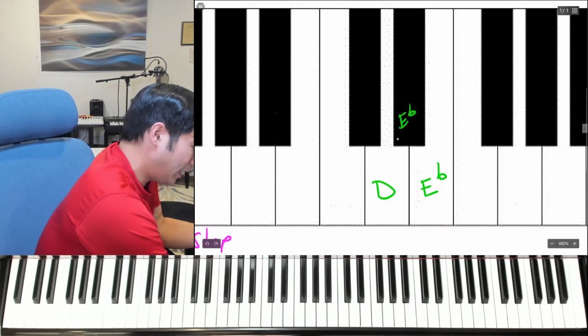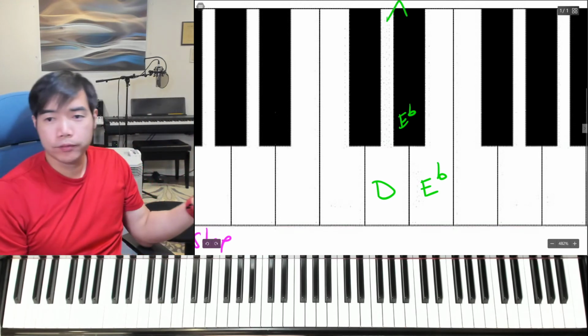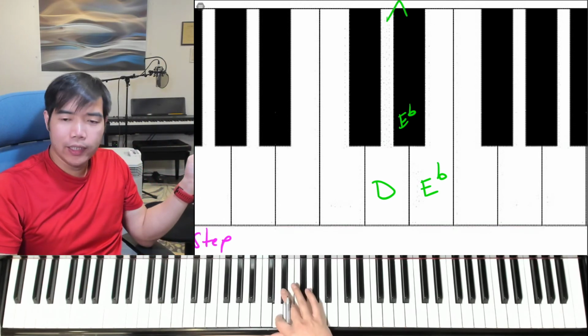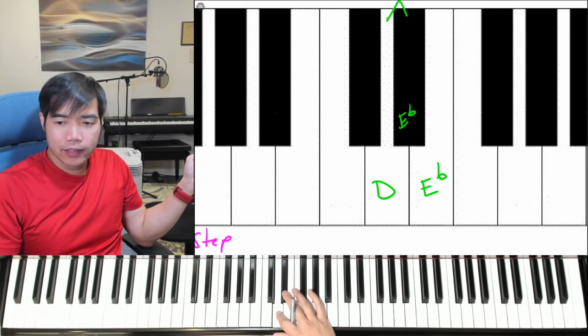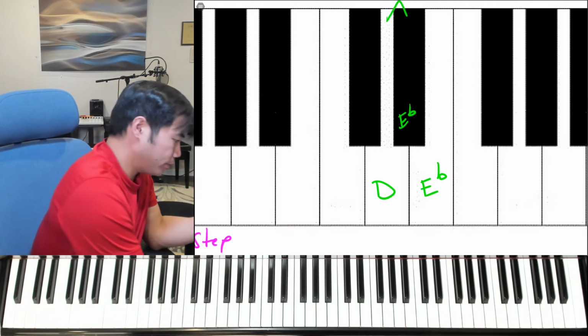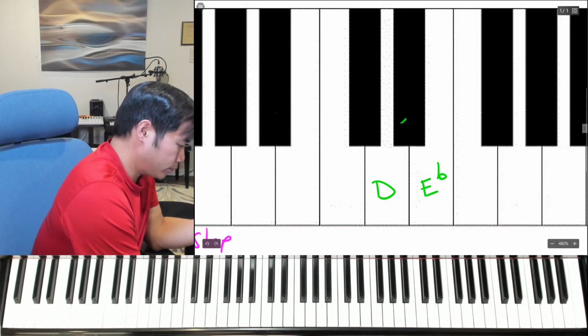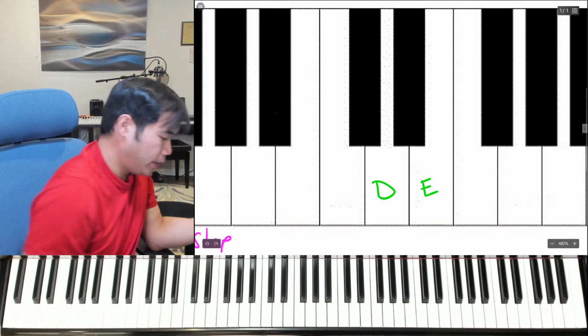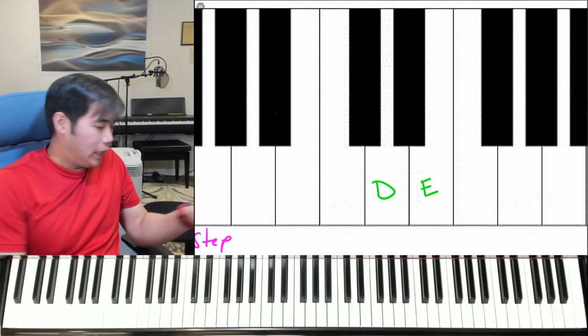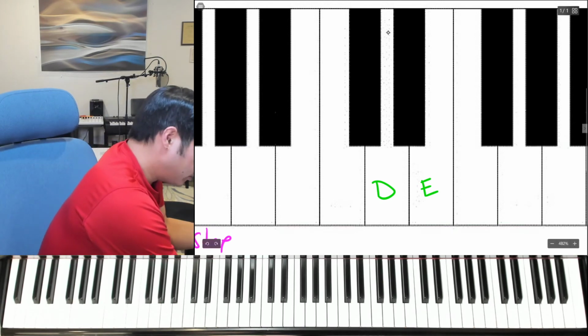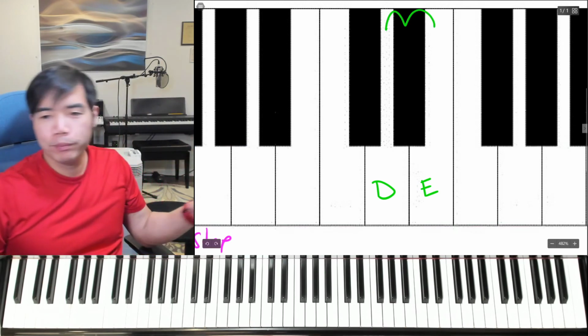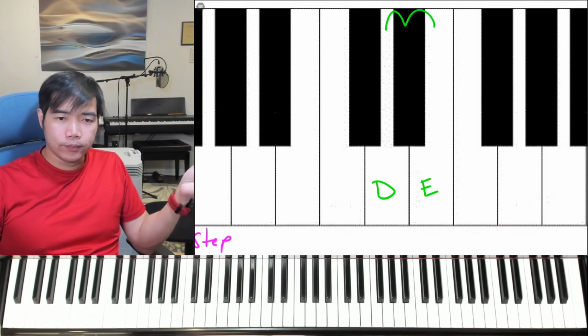Because here's E flat, that's a half step apart. So D to E flat is a half step apart. Okay. If we're going from D to E, well, that's a whole step apart. So that would be a major second.